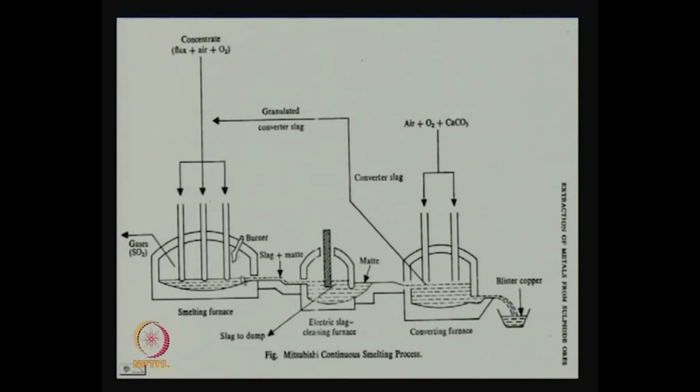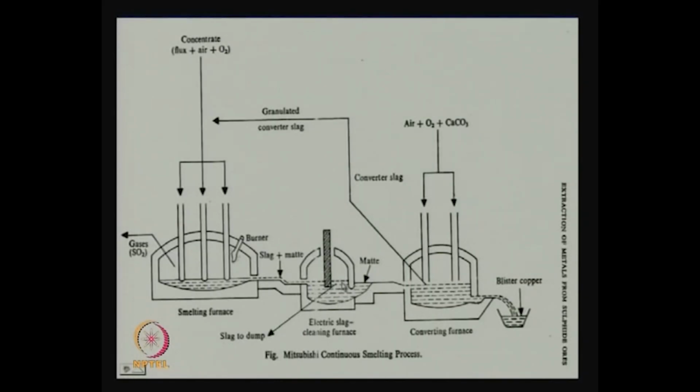Then the slag and matte flow out, because the next reactor is put at a lower level. So, these automatically flow out, and this intermediate chamber is called an electric slag cleaning furnace.